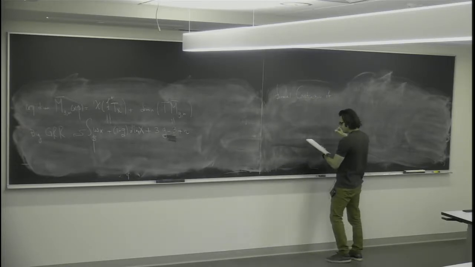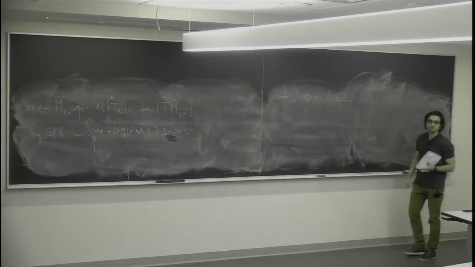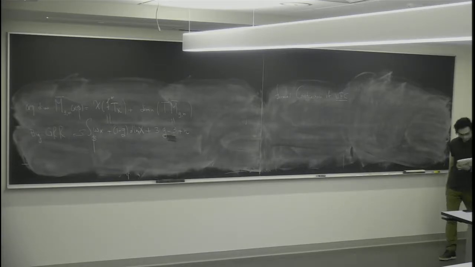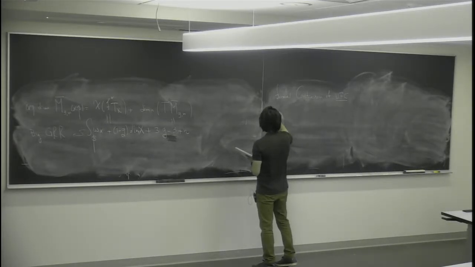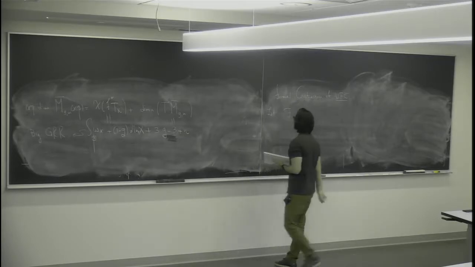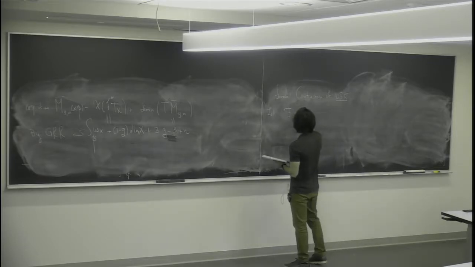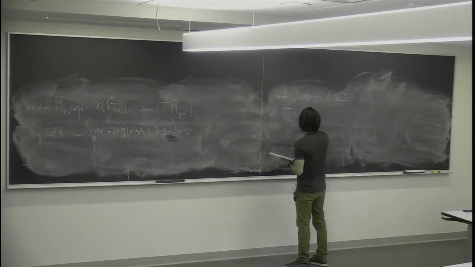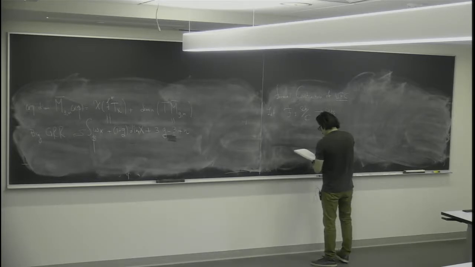Let F from the category of schemes over complex numbers to sets be a contravariant moduli functor. We discussed this last time. So what does it do?